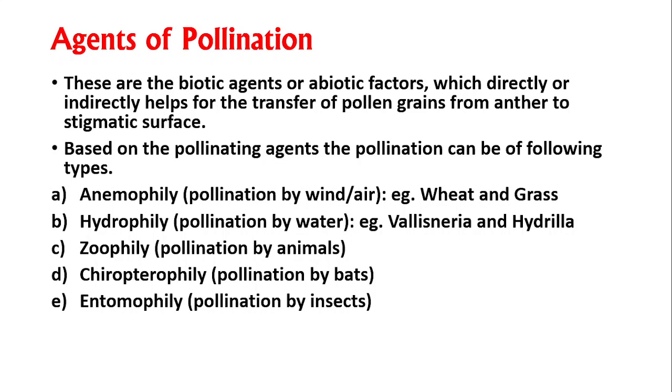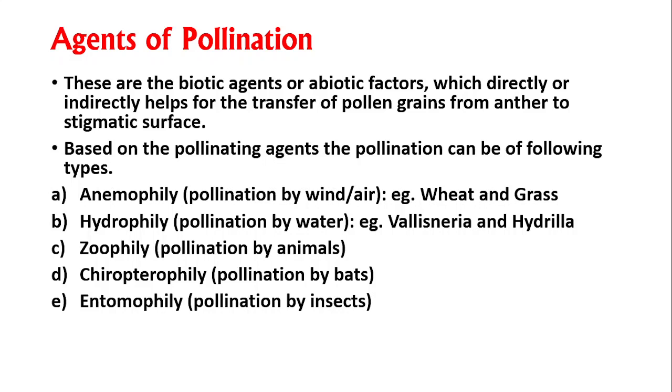That means pollination with the help of water. This type of pollination is seen in aquatic plants. Examples are Vallisneria and Hydrilla, two aquatic plants in which the pollinating agent is water.